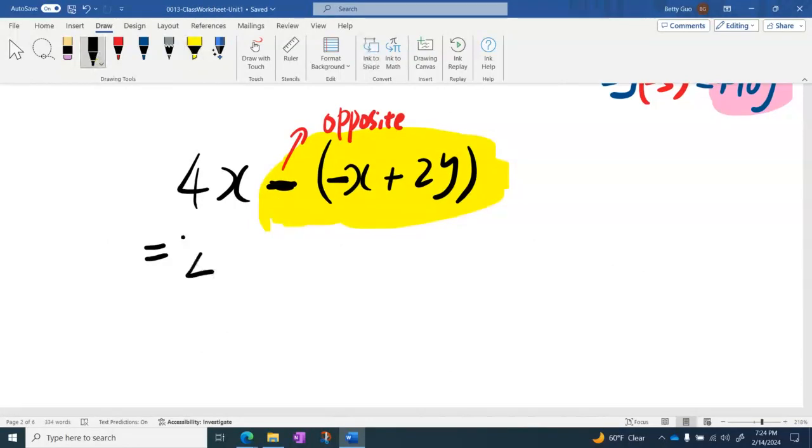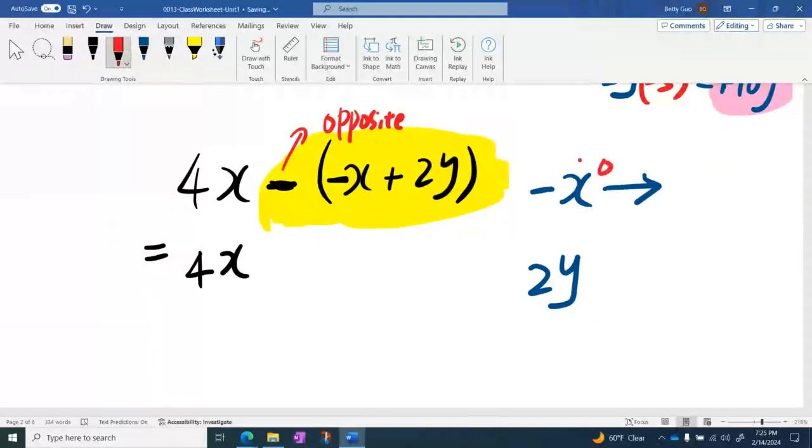So let's bring down 4x. It doesn't involve the distributive property. The opposite is going to go with each member. We have two members. The first member is the term negative x. The second member is the term 2y. What is the opposite of negative x?